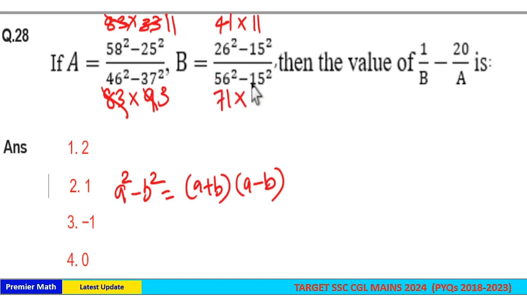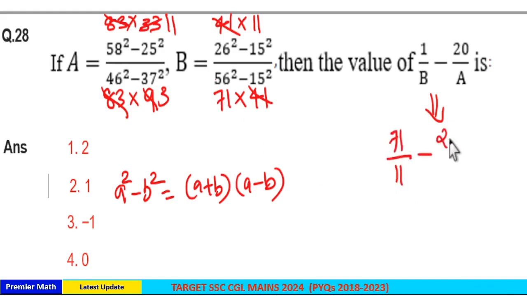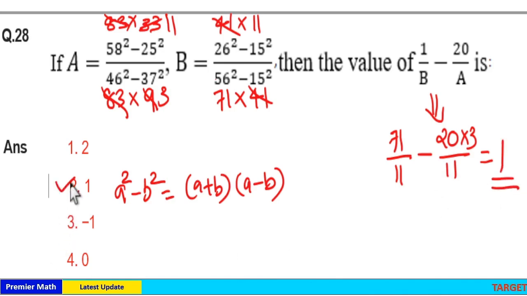And 50 minus 10 is 40, 6 minus 5 is 1, so 41. 41 and 41 cancel. 11 by 71 is B. Then this value will become 1 by B, which means reverse of B, which is 71 by 11, minus 20 divided by A, which means 11 by 3. So 20 divided by 11 by 3 means 3 by 11. Now 11 is the common denominator, 71 minus 60 is 11. So 11 by 11 is equal to 1. Option 2 is your answer.